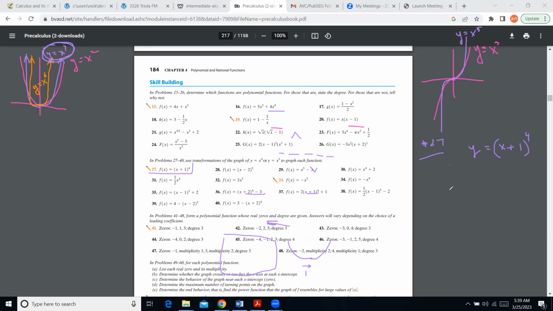And if they added 1 inside the parentheses, the graph has to shift by 1 unit to the left side, right? And you can always double check and see if that really works.